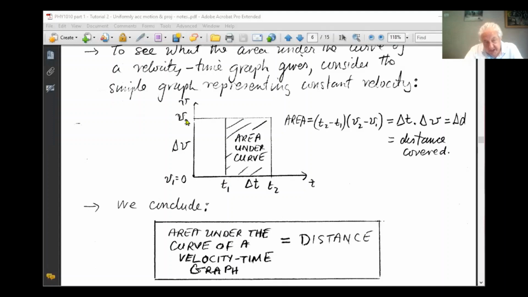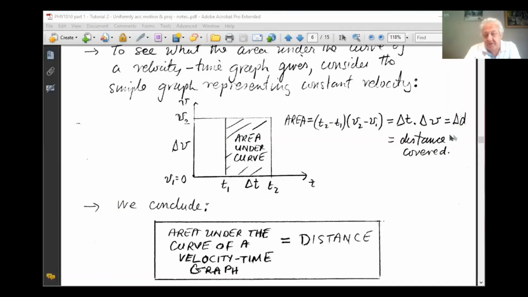The velocity we're looking at is the constant velocity v2 here, but it's this area, so it's this interval multiplied by this interval. So I take the time interval multiplied by the velocity interval, so it's delta t multiplied by delta v. The area under the curve is delta d, which is the distance covered.